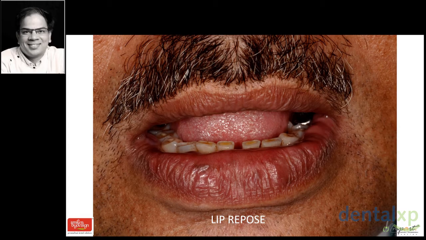So that's my diagnostic criteria here, and I'm looking at this patient and seeing that he does not show not only his cuspids but even his upper centrals. He doesn't show any upper teeth at all. So by the end of the treatment, I need to get some visibility on the upper teeth so as to make the treatment aesthetically better.